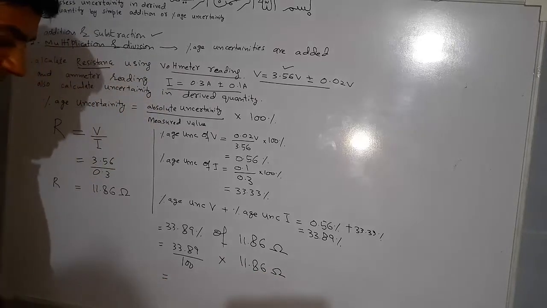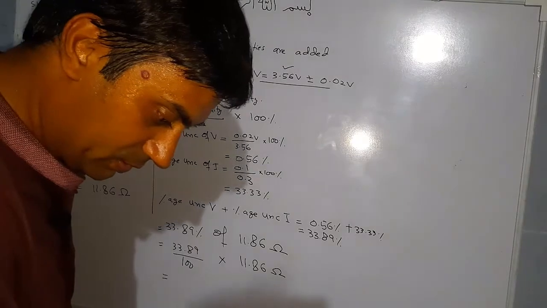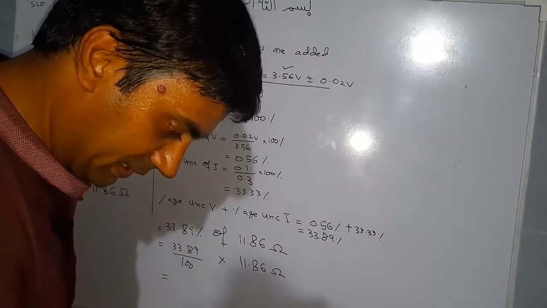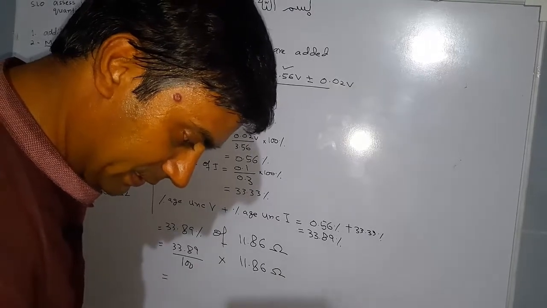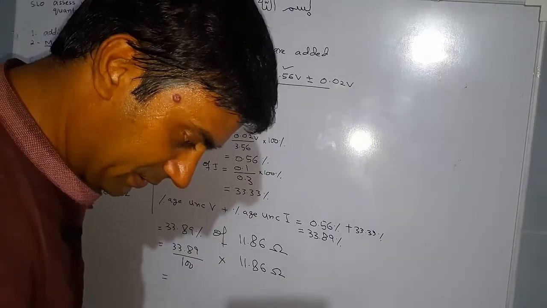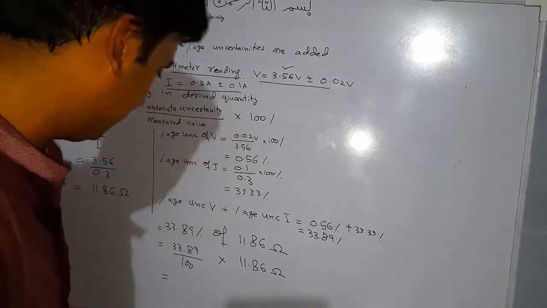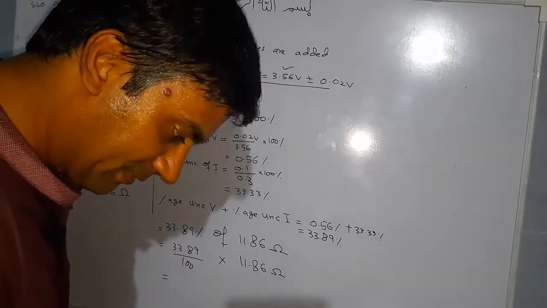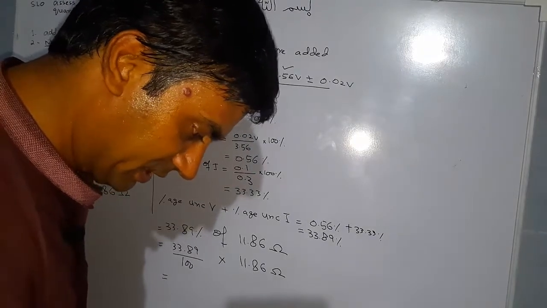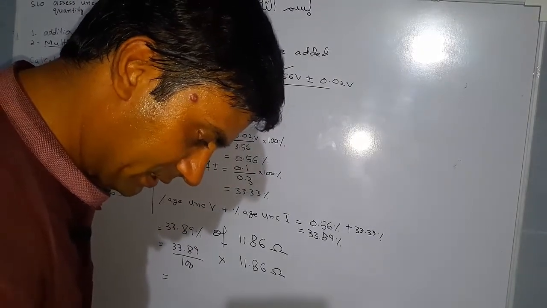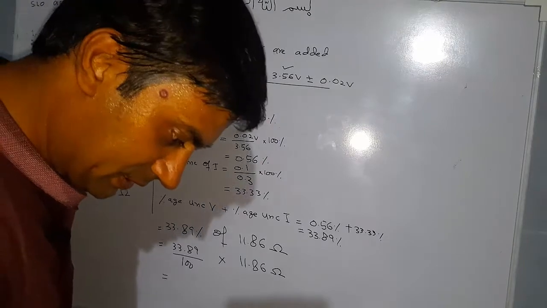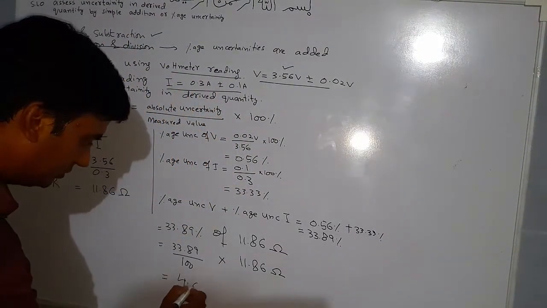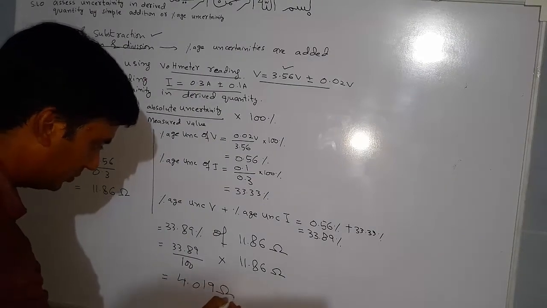33.89 divided by 100, we have 0.3389 multiplied by 11.86. Yes, we have 4.019 ohms.